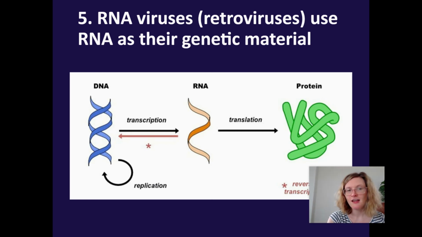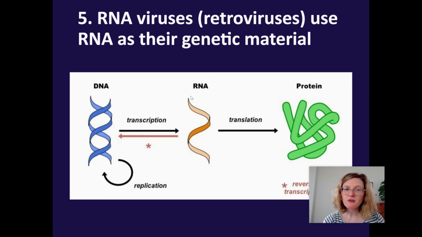And lastly, some viruses use RNA instead of DNA as their genetic material. These viruses are called retroviruses because they work backwards from normal living organisms, which usually use DNA to code RNA to code for proteins.